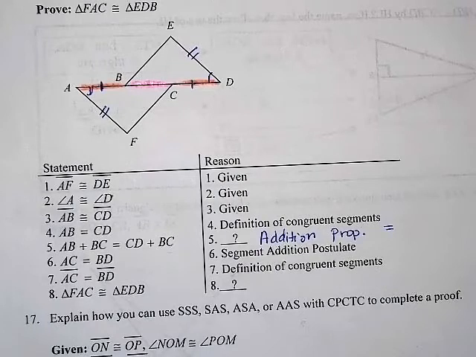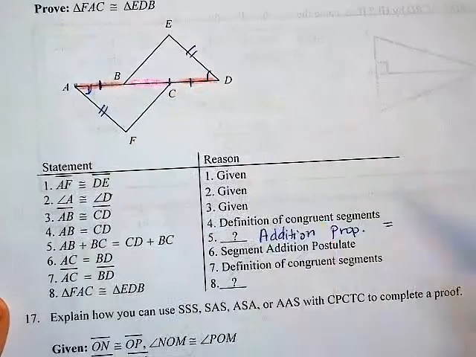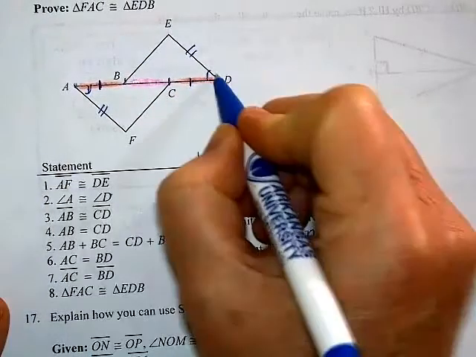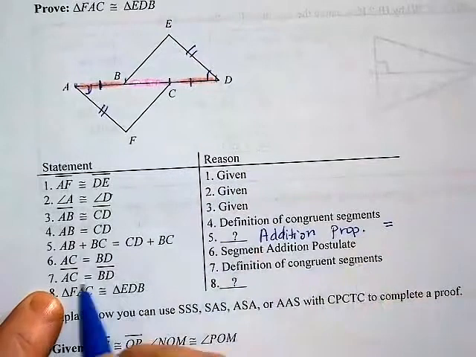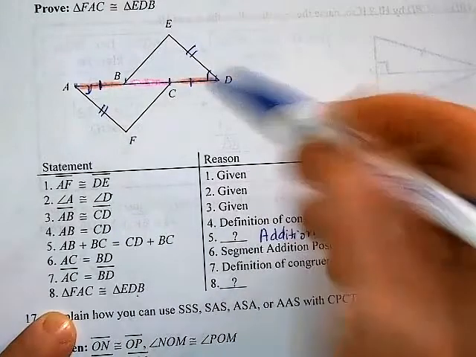That's what they're trying to say there. Now you can say that that segment from A to C is congruent to the segment from B to D. Okay? Definition of congruent segment. So now these are congruent by side, angle, side.